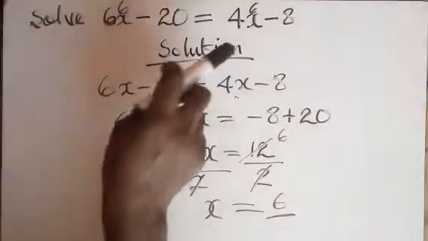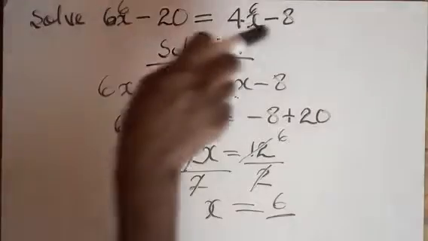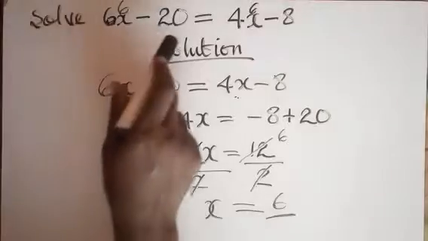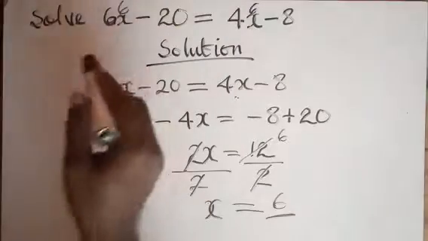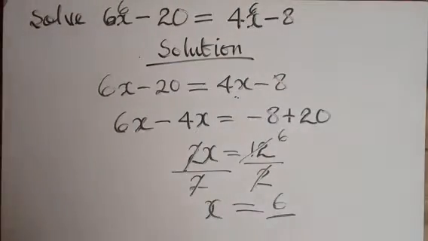Now 4 times 6 will give me 24. 24 minus 8 will give me 16. So the left side of the equation is equal to the right side of the equation. That means at the end of the day, whatever is found here must be equal to what is found here.